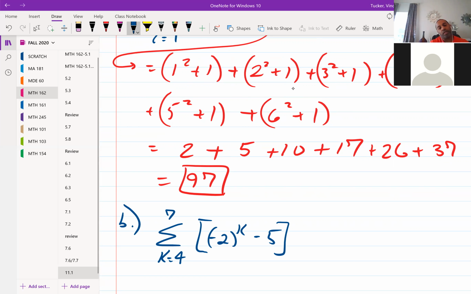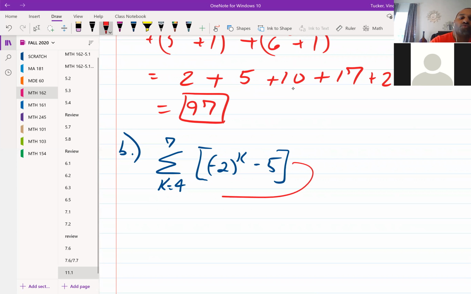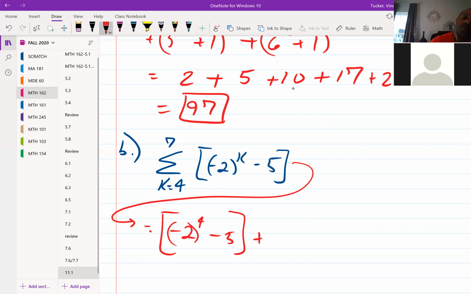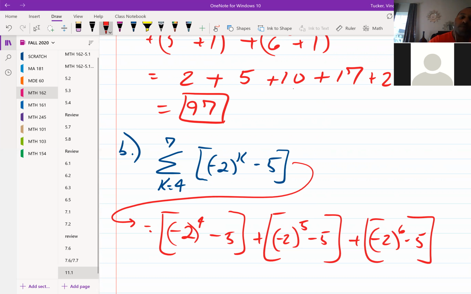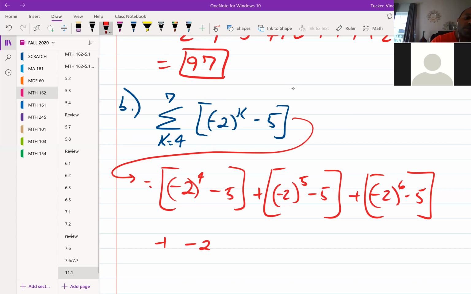All right, here we're looking at the summation from 4 to 7 of -2 to the k power minus 5. So it's -2 to the 4th power, and then 7.